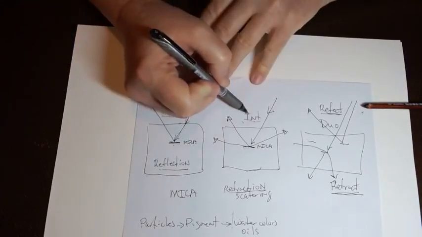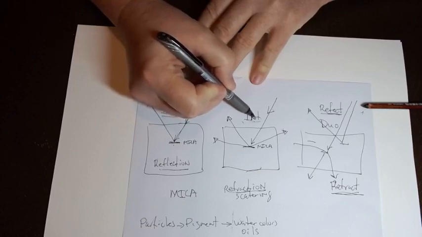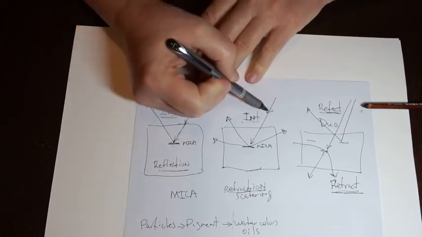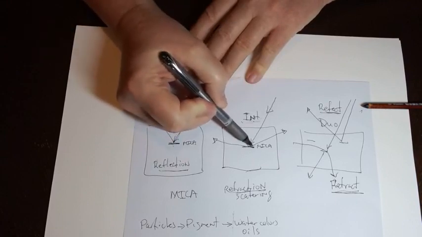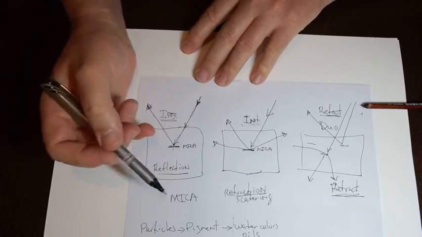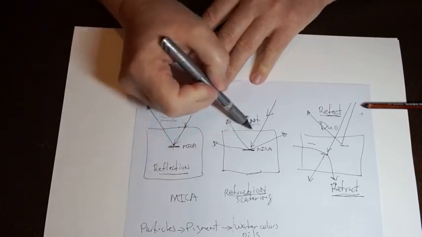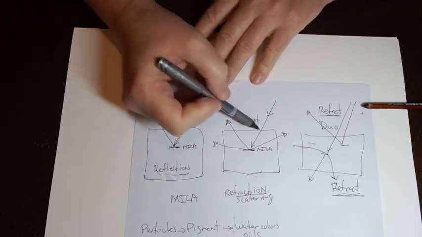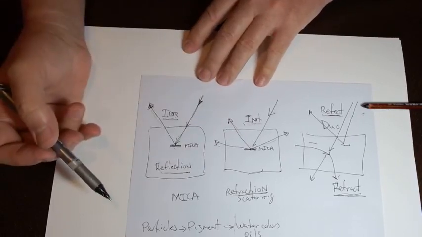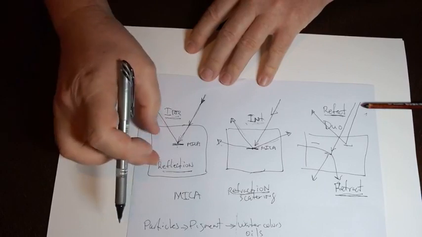Then we have the next group, the interference colors. When that light wave comes in and encounters that piece of mica or silica, it scatters or refracts. It doesn't have this clean in and out. It comes in and goes all different ways. So that's refraction.